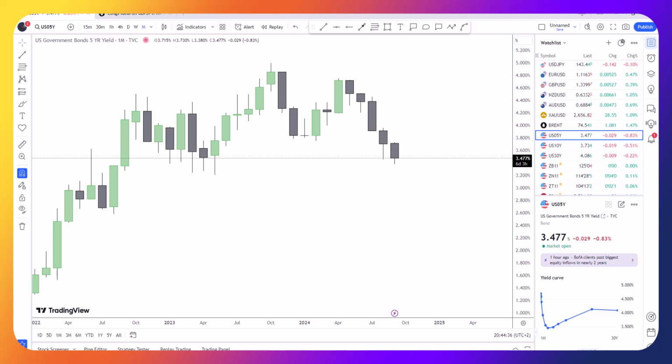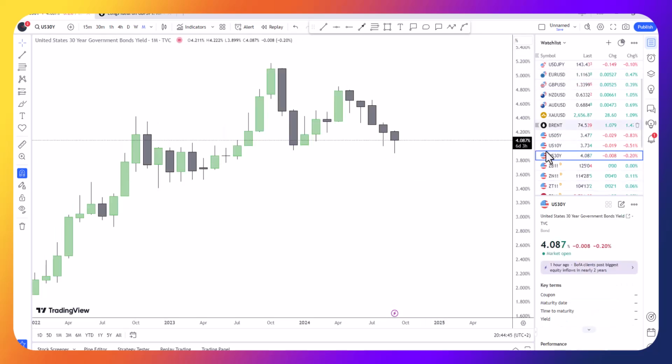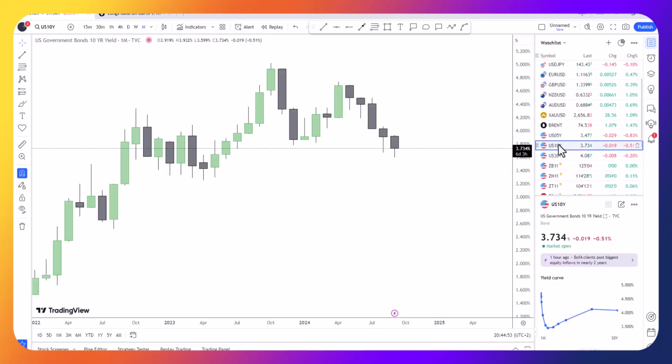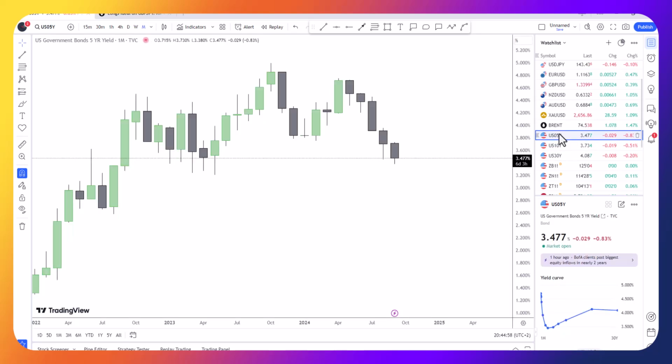So we've got our 30-year, right, which is a key long-term interest rate. So this is the 30-year. You can see here I've got it on my watch list. And then we also have the 10-year, which is our intermediate-term interest rate, and then we've got a 5-year, which is our short-term interest rate.